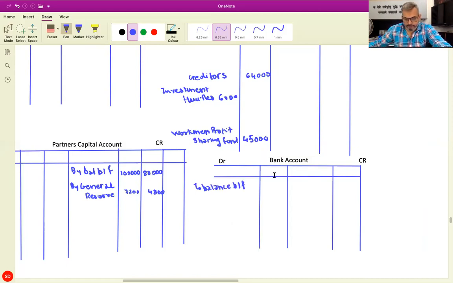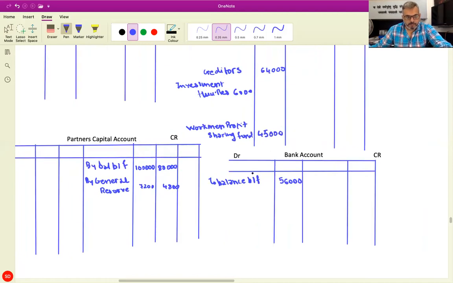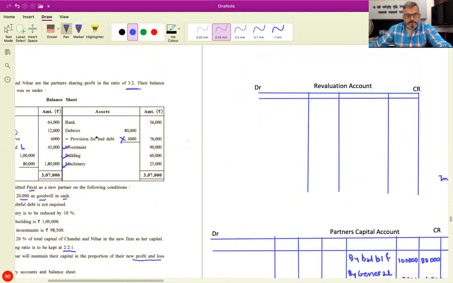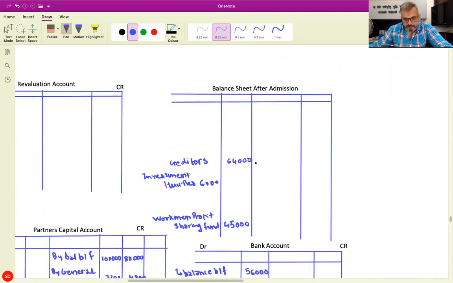To balance brought forward 56,000. Debtors, directly debtors 80,000 we write in the outer column, current asset.